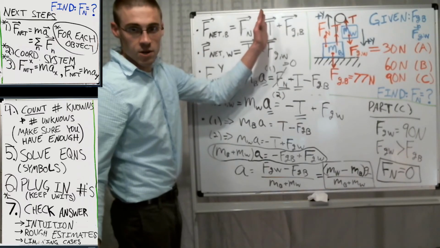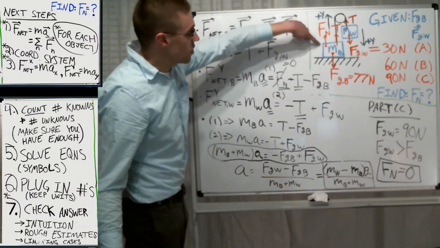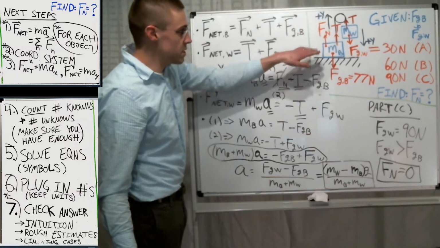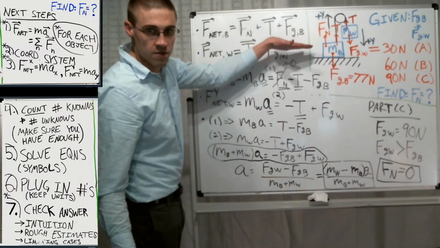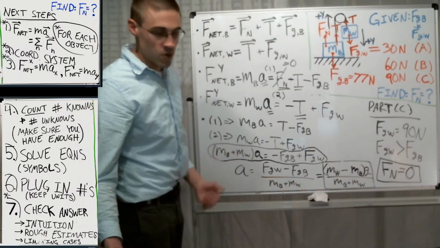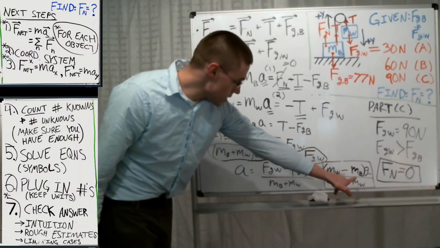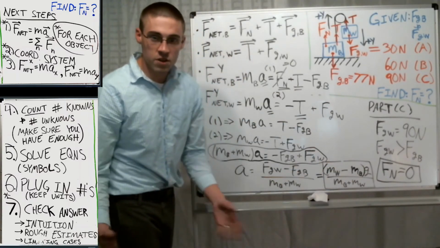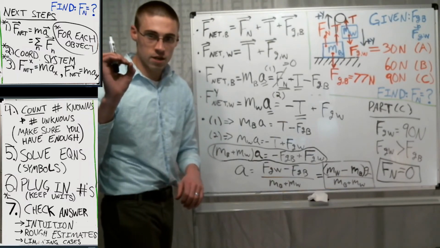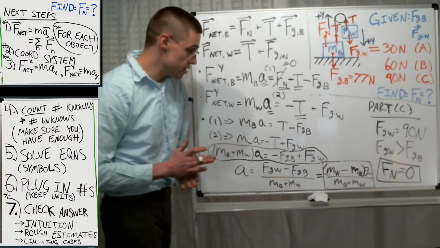It's just going to sit there, right? If that weight and that weight are exactly the same, then this MB is just kind of going to be hovering above the surface, right? The normal force is going to be 0, but the acceleration is also going to be 0. And there's a difference between the two masses there in the numerator, so if they're the same, the acceleration of the system is 0. Okay, so that's a good check.